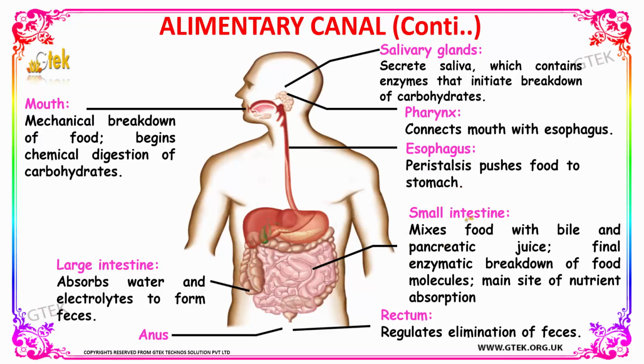Followed by the stomach, we have the small intestine, which mixes the food with bile and pancreatic juice. The final enzymatic breakdown of the food molecules is done in your small intestine, and it absorbs the nutrients that are produced by the enzymatic breakdown.